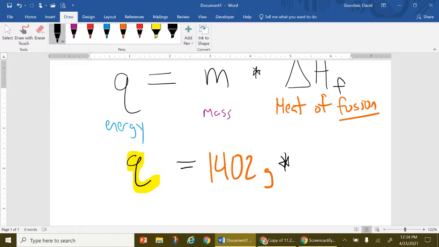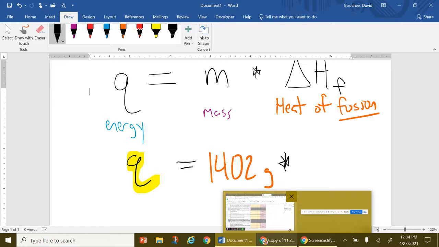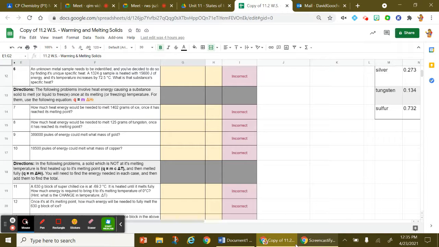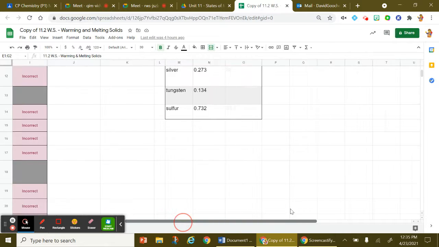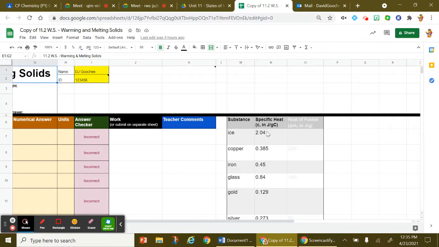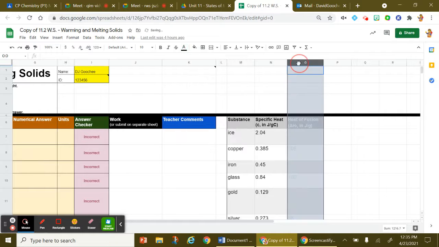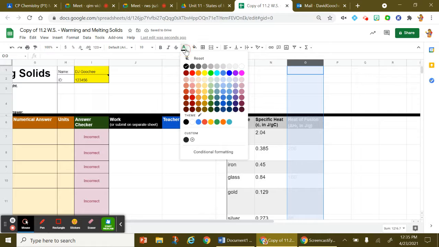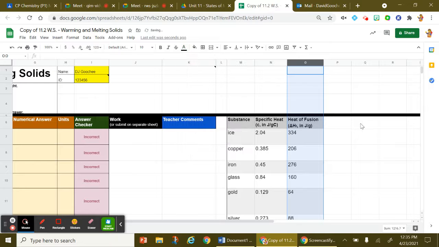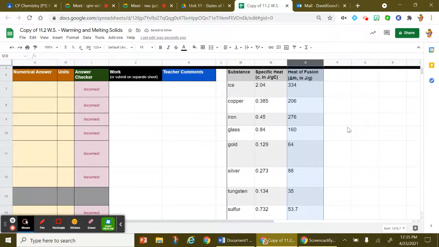Well, I told you that it was ice, and so you can look it up. In fact, I provided it on this worksheet. If you scroll over to the specific heats, you'll notice that in this column, column O, I recommend you highlight it and change the text to black. This is the special melting value of different substances.